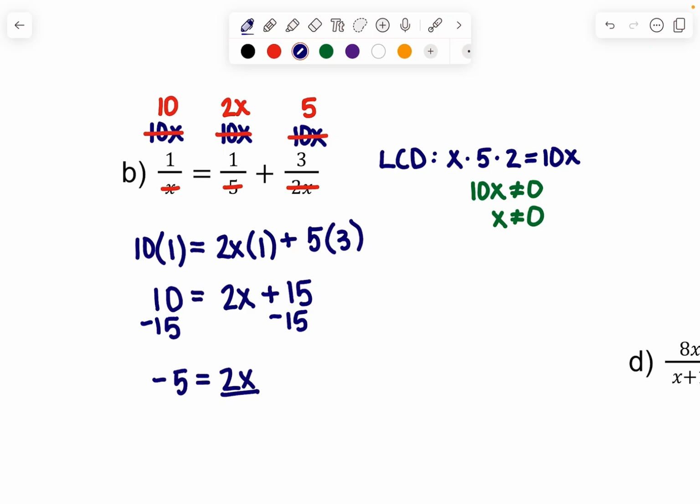Then divide both sides by 2. So x equals negative 5 halves. That fraction cannot reduce. And then we want to check. We got x equals negative 5 halves. We said at the beginning our restriction x cannot equal 0. So can x equal negative 5 halves? Yes, it can. That is our answer.